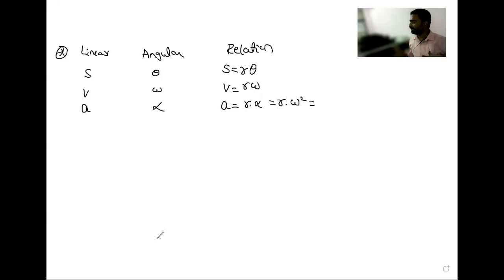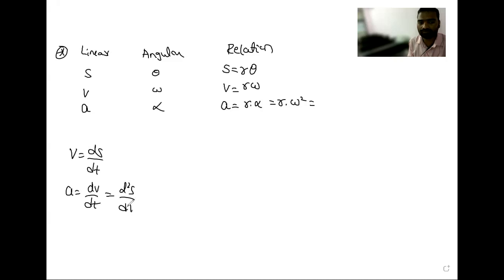Yes, okay. Again, you have solved one numerical on this one. Before this one, I want one more definition. Velocity is equal to rate of change of displacement, ds by dt. Then acceleration is equal to dv by dt, which is equal to d square s divided by dt square.